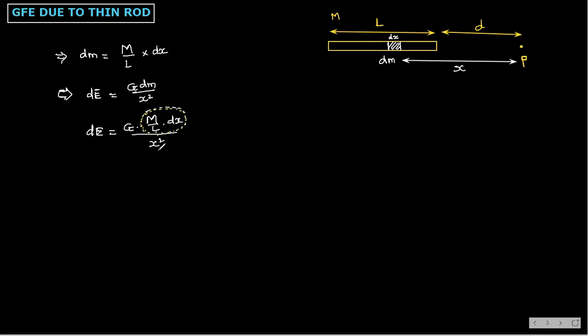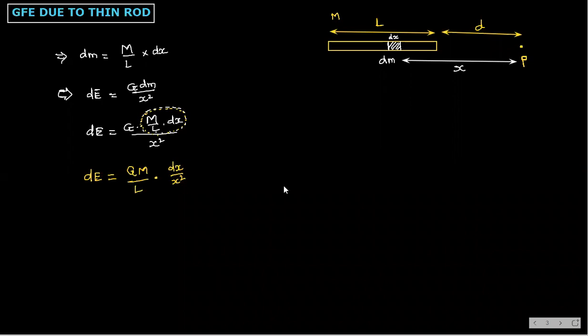And therefore dE is equal to G M by L into dx by x square. Understood?